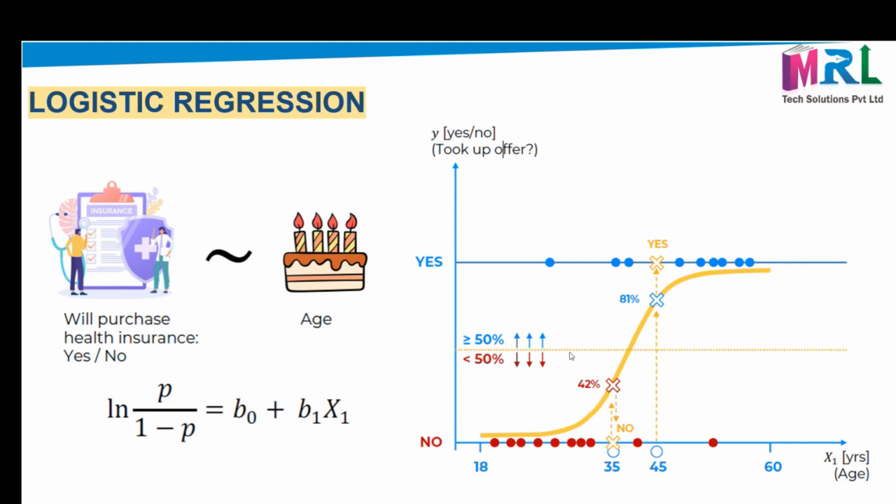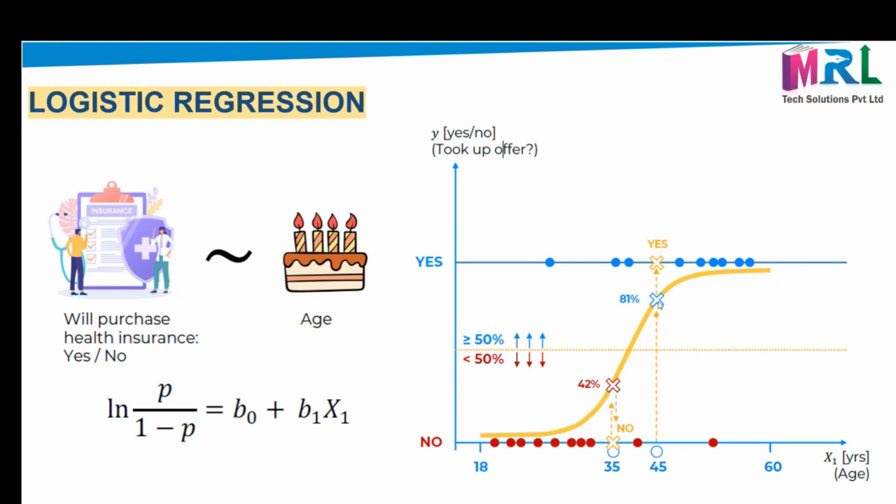How it will classify this as yes or no is based on the threshold value. We will fix the threshold at 50%. If the probability is below 50%, then we will mark that person as no, that means you will not purchase the health insurance.